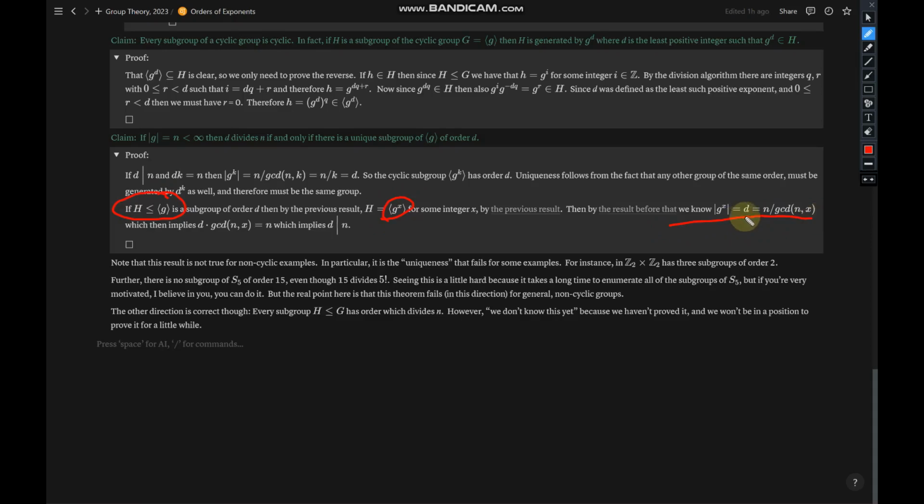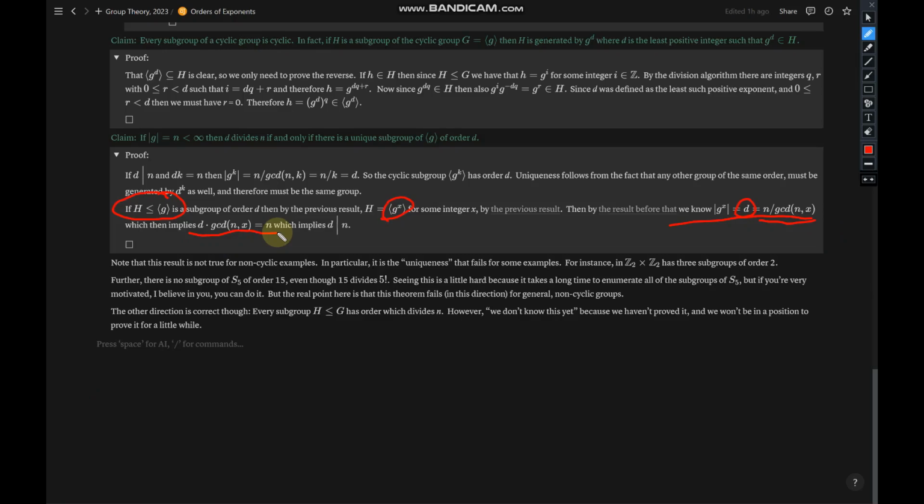We know that the order of h, by assumption, is d. That's what we were assuming from the very start. But we also know that this is equal to n over GCD of n and x. That's the main result of this video. And then by rearranging this equation, we have that d divides n, and we're done, QED.